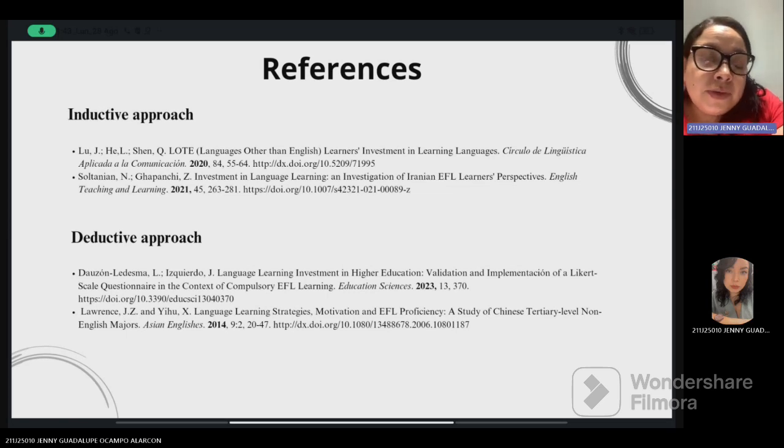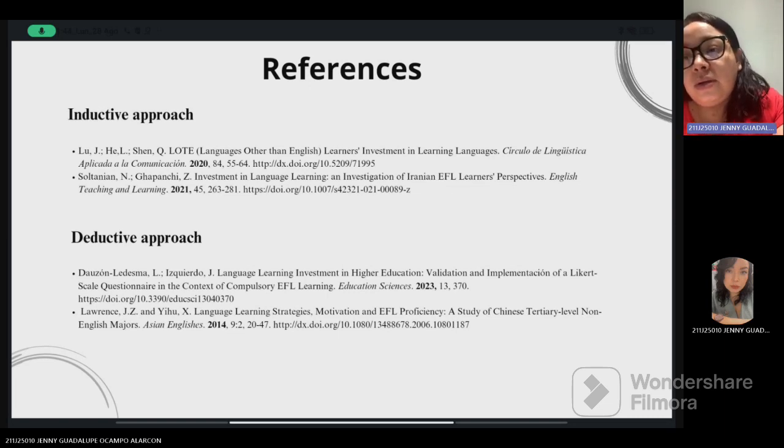Here, the authors are analyzing the particular cases of a small group of Iranian EFL learners in order to analyze the dimensions that have more impact on the learners' investment in language learning. So they start by analyzing the data collected, then they go to a theory, and then they analyze the dimensions of investment of the theory of Bonny Norton, but in an Iranian context.